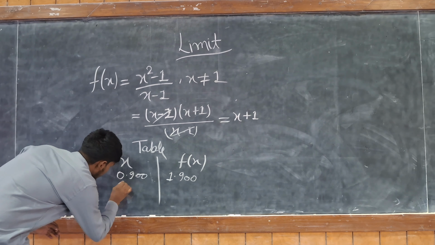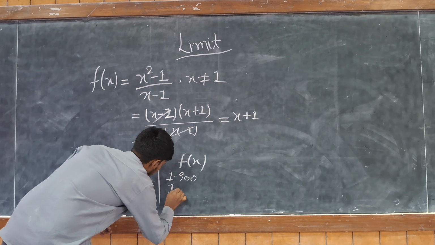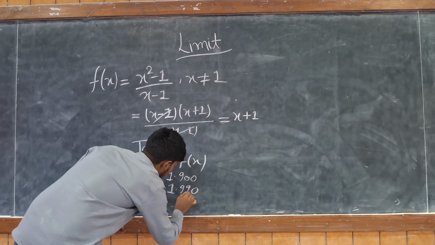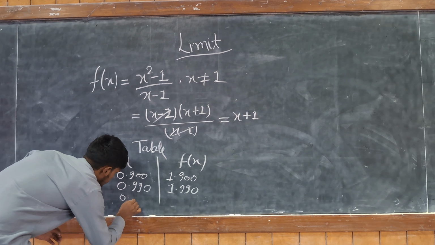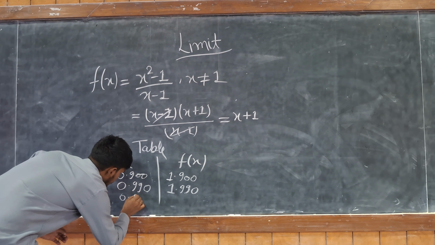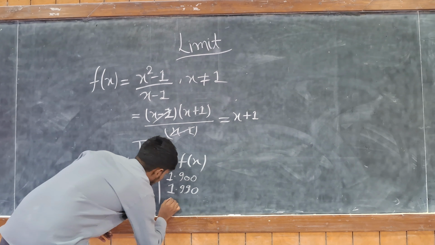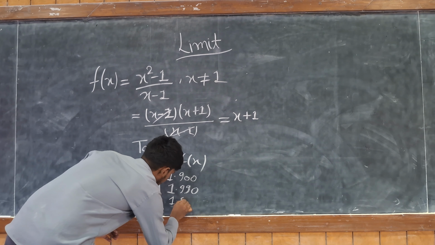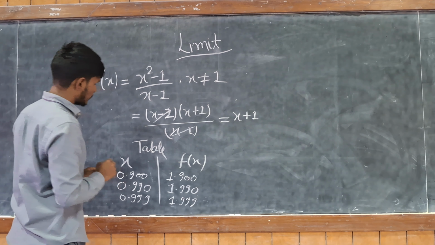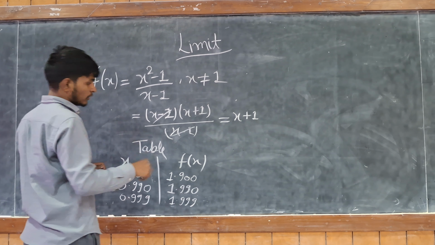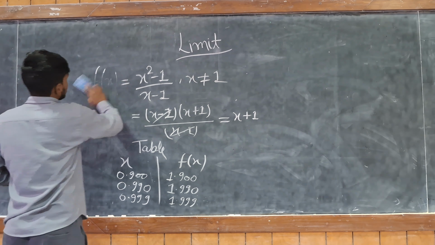So take point 0.990, the function value at this point is 1.990. Again take the value of x as 0.999, the function value at this point is 1.999. So clearly we can see that when x approaches towards 1, the value of the function approaches 2. So this is the concept of limit.